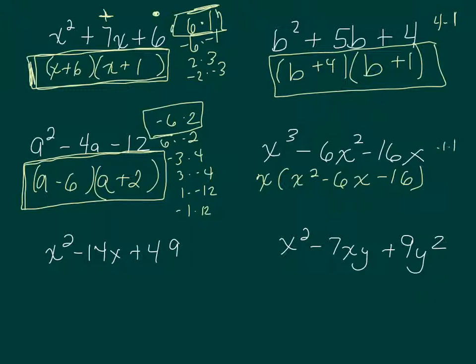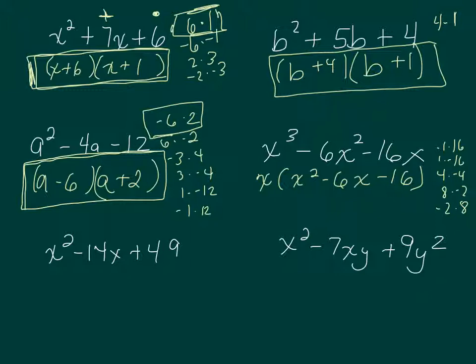Negative 1 times 16, or 1 times negative 16. 4 times negative 4, or negative 4 times 4. 8 times negative 2, or negative 2 times 8. Is 16 divisible by 3? I don't think so. So I think that might be it.